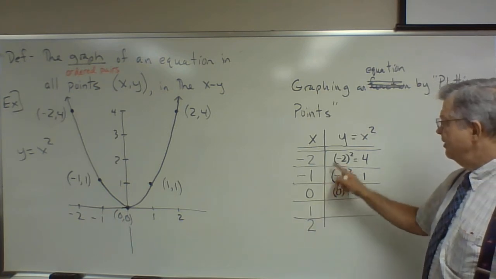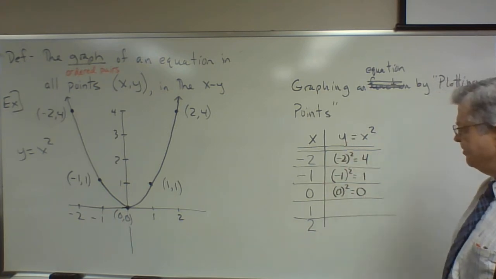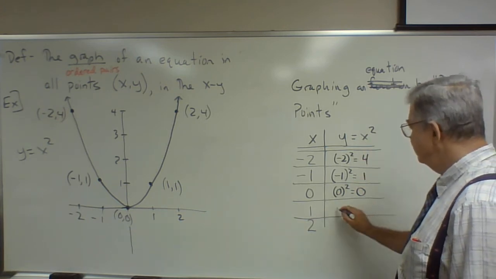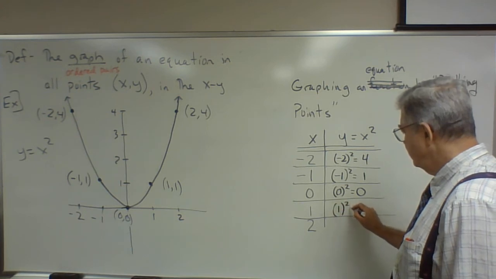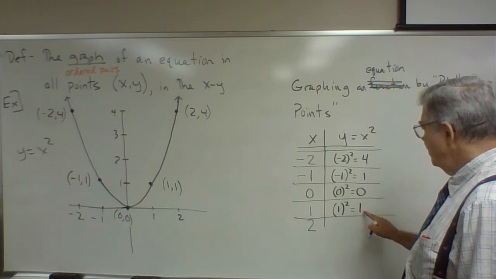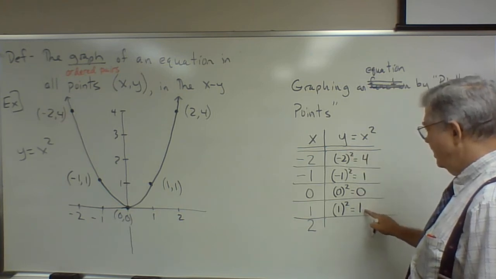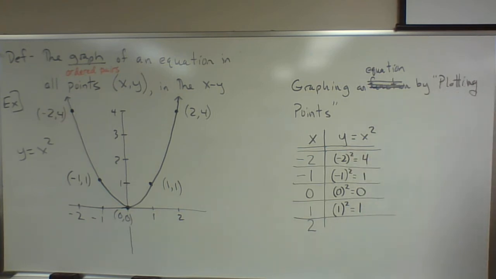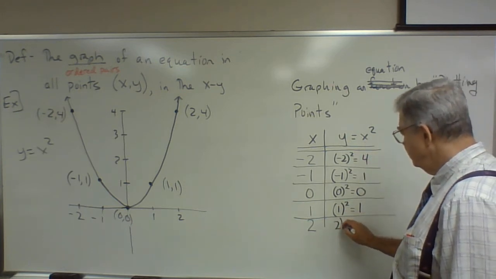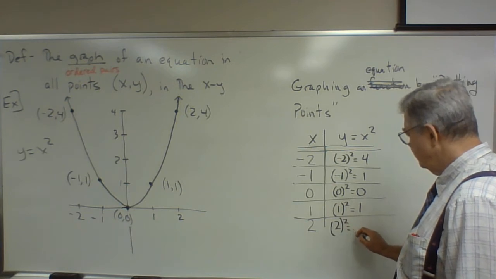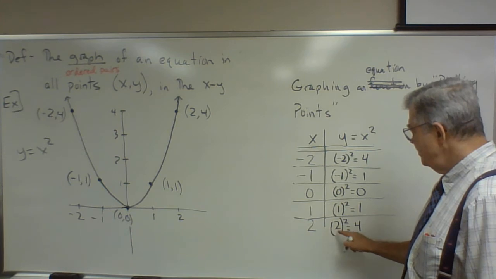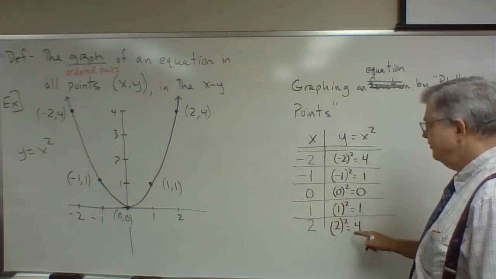So when x is 0, y is 0. And then I take 1, I substitute it in for x, and when x is 1, y equals 1. And then finally, I'll take x equal 2, and I'll substitute it in for x. 2 squared is 4. So when x is 2, y is 4.